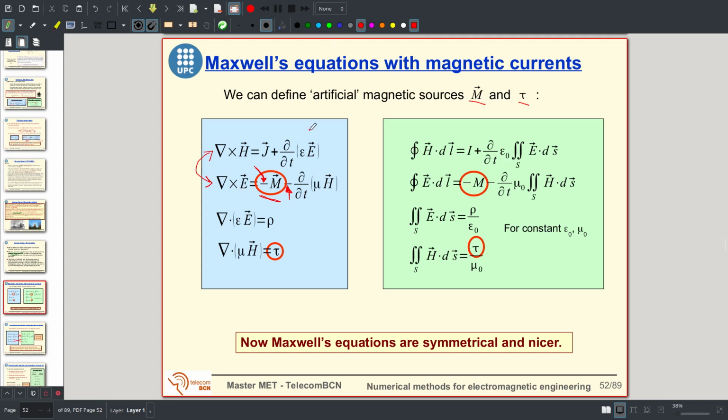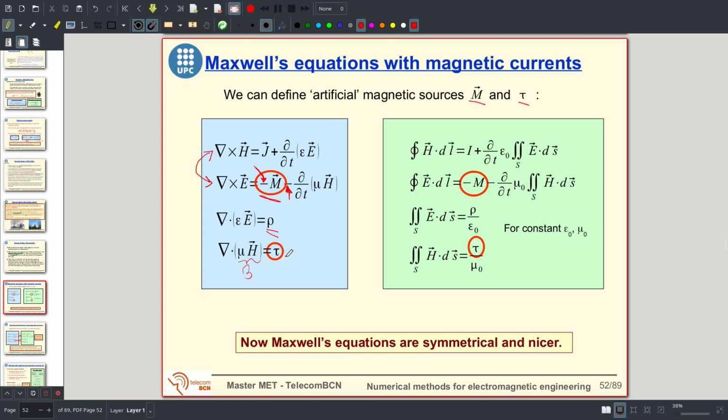Also, in the same way as the divergence of the electric displacement vector is equal to the electric charge density, the dual one is that the divergence of the magnetic field, B, this is B, is equal to the magnetic charge density.